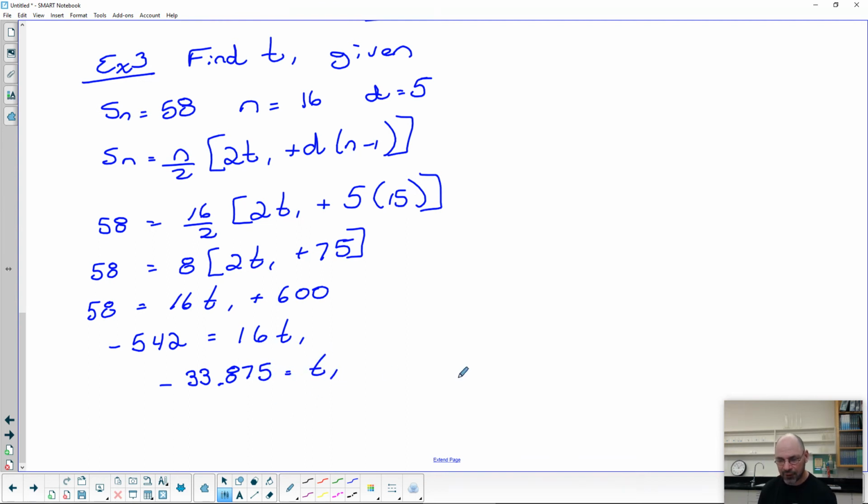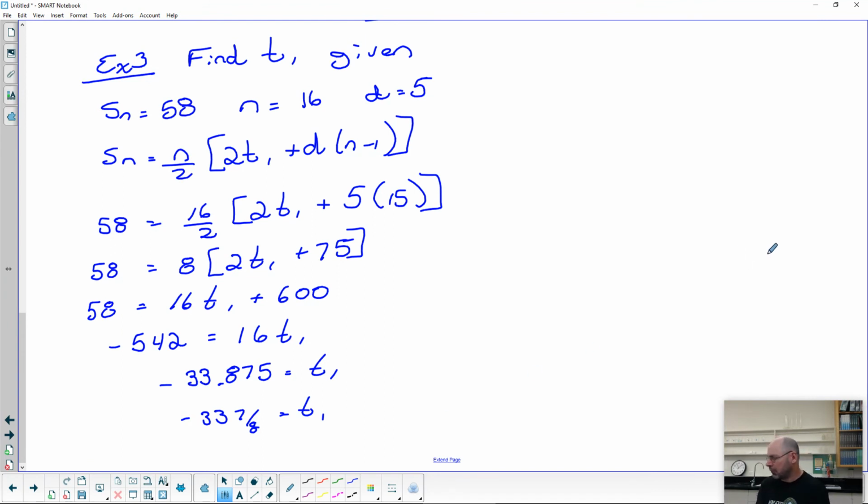So I got a decimal number, or if you want it in fraction form, it's negative 33 7/8. Doesn't matter which one you use for that. Okay, so there's a couple examples of doing sums of series. I think we'll do one more here, and then I'll give you some practice.